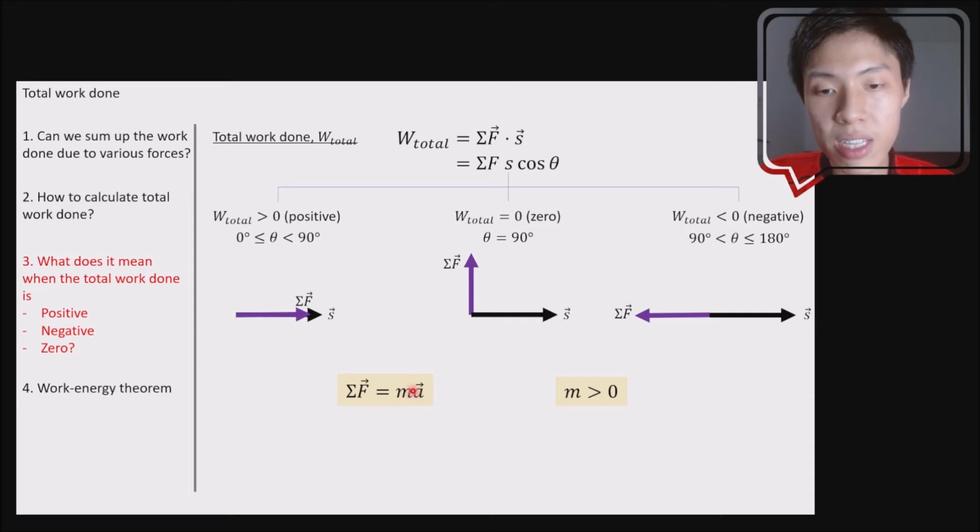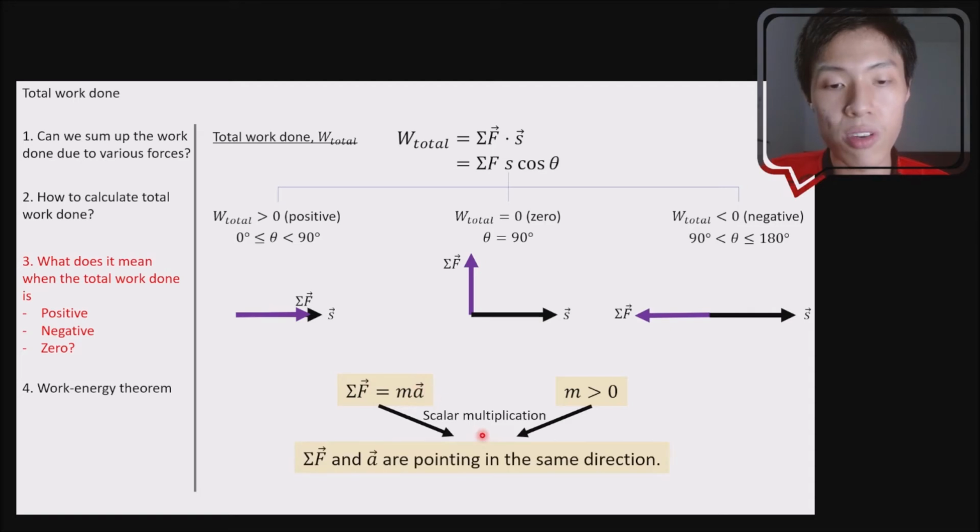As you remember, if the scalar quantity is positive, then the net force and the acceleration will be pointing in the same direction. If the scalar quantity is a negative value, then the two vectors will be pointing in opposite directions. But for now, we know that mass is always positive at our level, so net force and acceleration here must be pointing in the same direction.